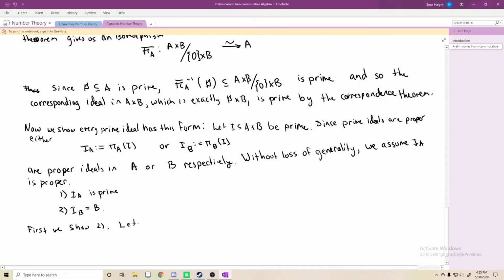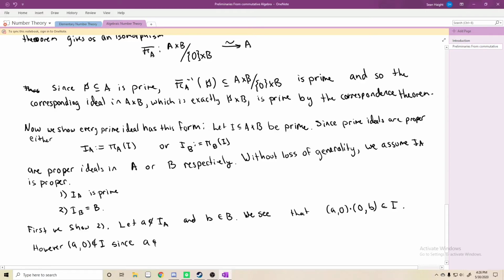Okay. So we're going to let A be an element of A that's not in I sub A, and we're going to just let B be any element of B. We see that A times 0 times 0 times 0 B. Notice this is going to be 0, 0, so this product is in my ideal I. However, A0 can't be in I, right?